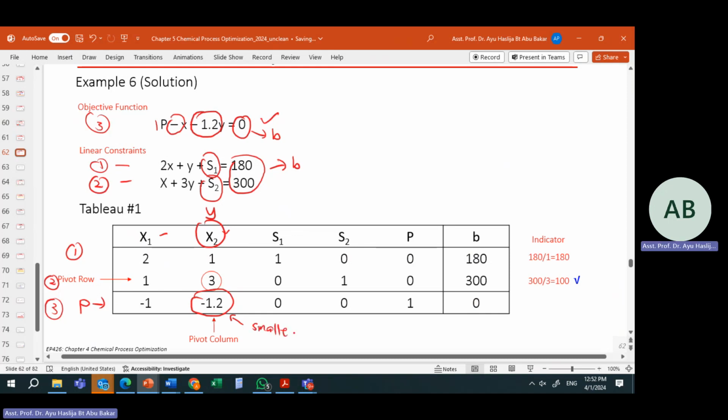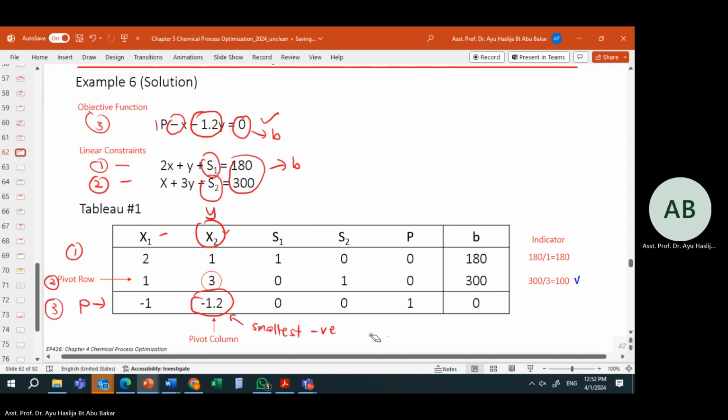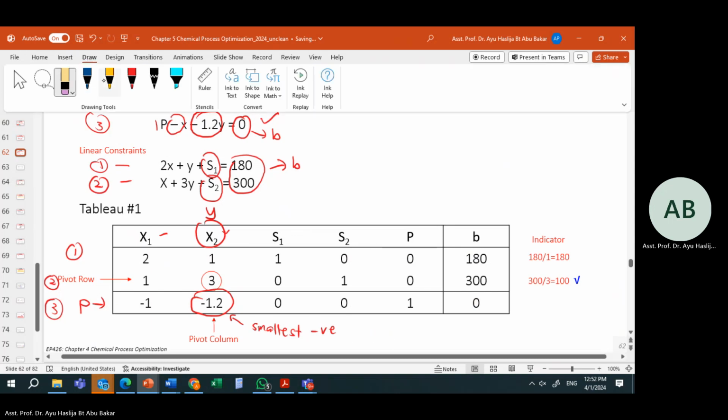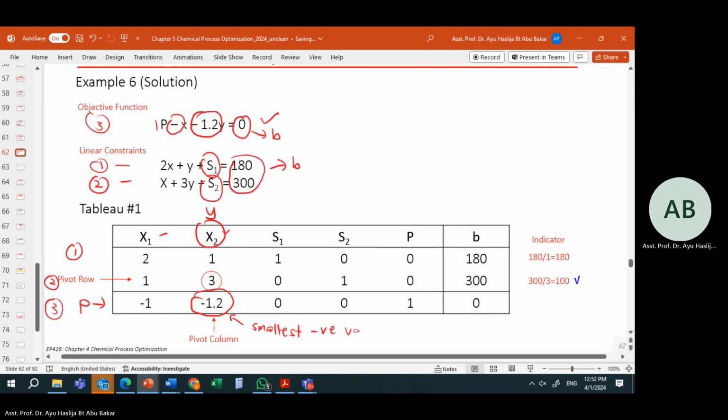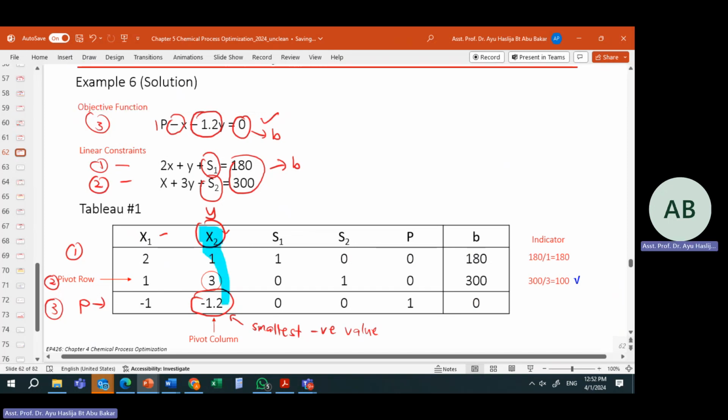We took it as the pivot column. Smallest negative value. So we take the whole thing as the pivot column.